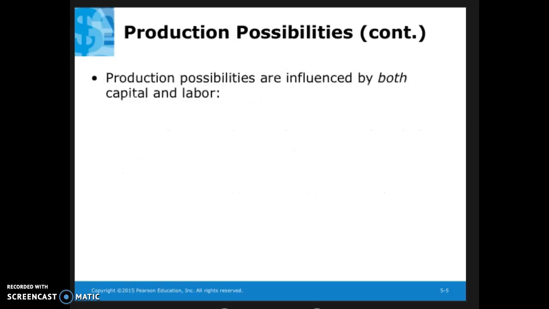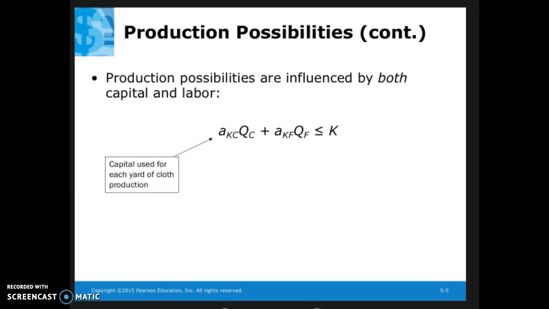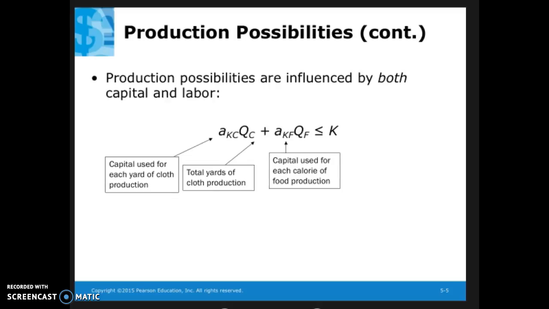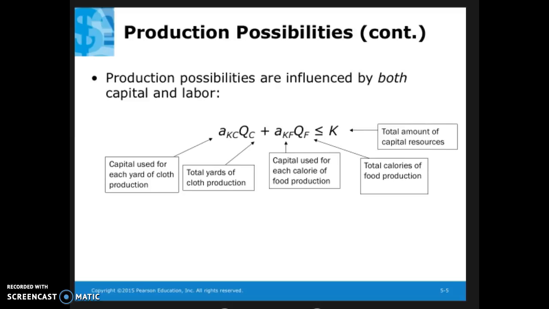So production possibilities can be influenced by both capital and labor. And there's the formula, and that represents a constraint. So we have capital used for each yard of clothing, quantity, capital used for each calorie of food, quantity of food, and then the total amount of capital resources.